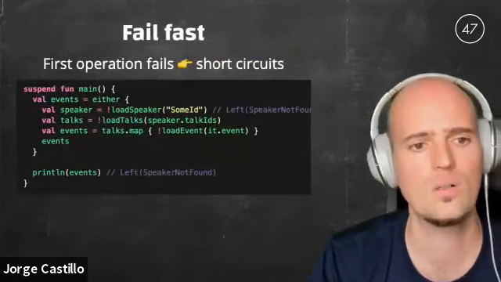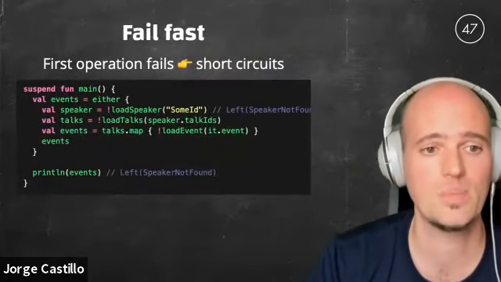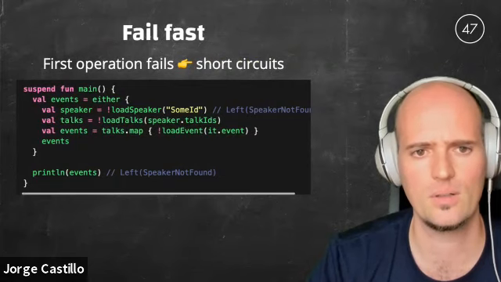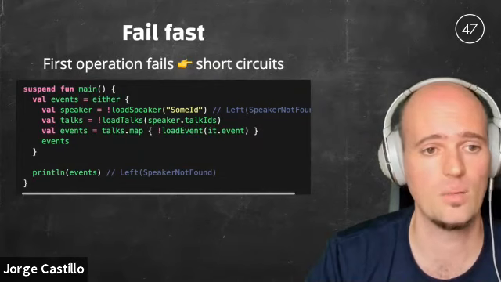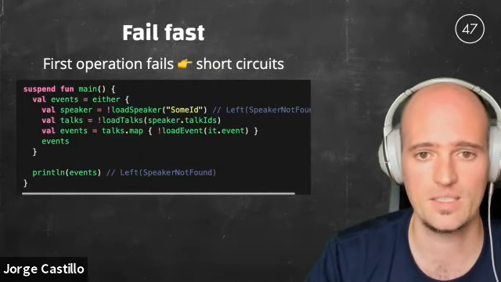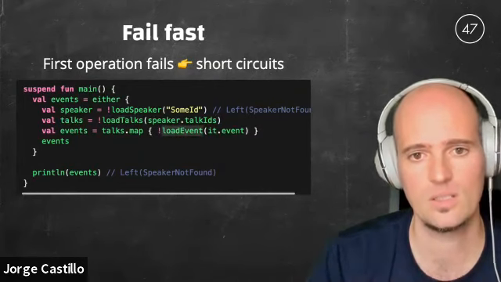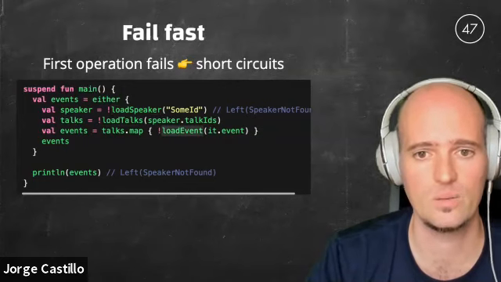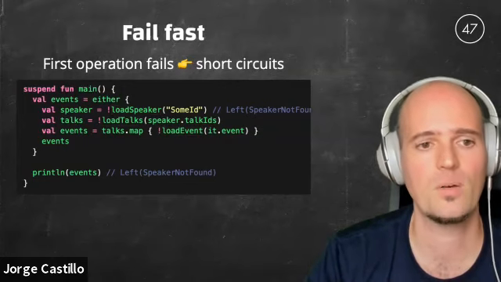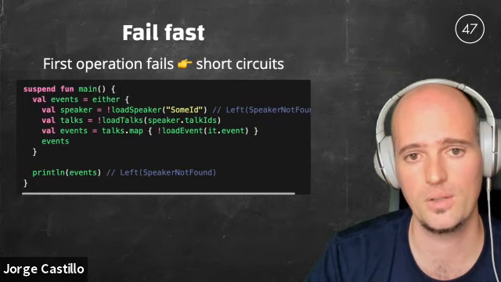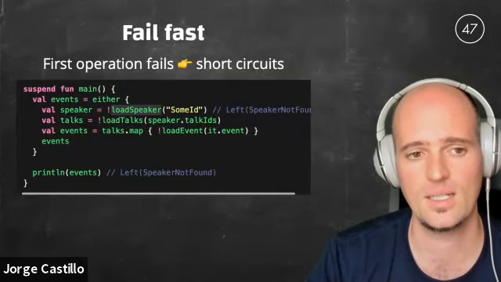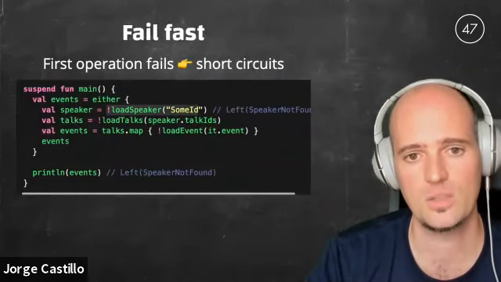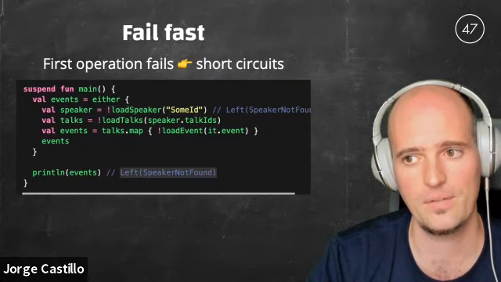So you can go more complex with this, but stay under this one level of indentation style or synchronous-like style, and keep chaining more either computations. Like in this case, we have 3 computations. Sorry, this load speaker, load dogs, and load event. So in this case, let's see how fail-fast works. If you get an error or an exception thrown on this either computation, that will be caught as an either left, and that's going to short circuit the whole thing and return the actual left of error in the end.